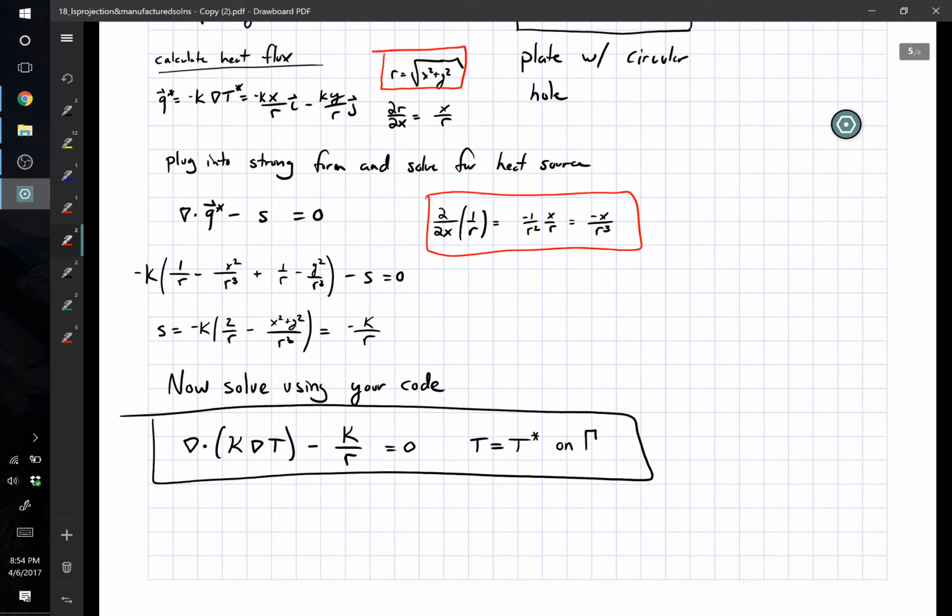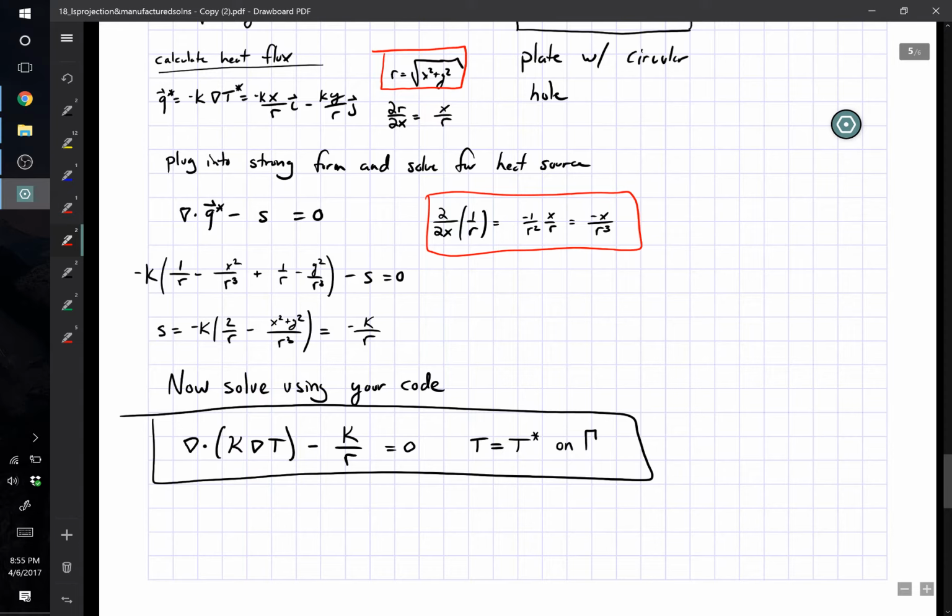And so now we can compute the divergence of the flux. It's a product. Well, it's x divided by r. And so if we take the derivative of x, we get just 1 over r minus, then we're going to take the derivative of 1 over r, so it's going to be x squared divided by r cubed.